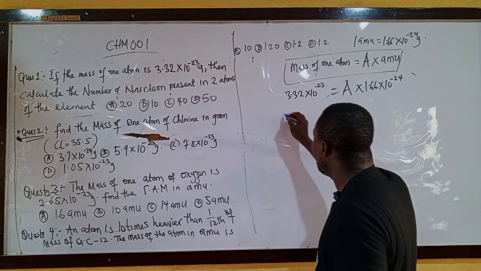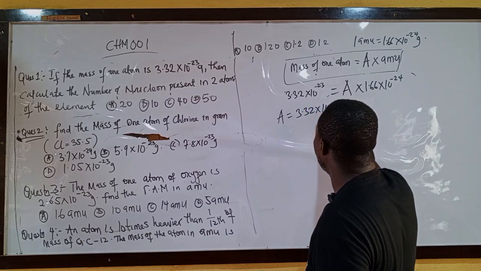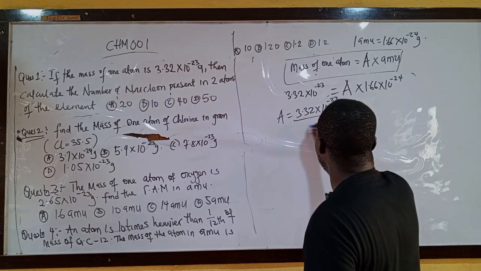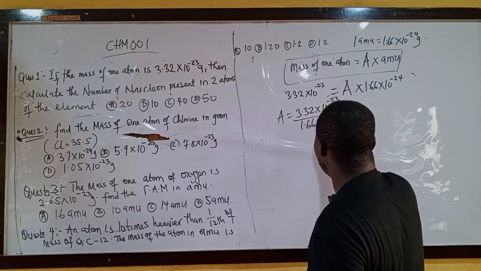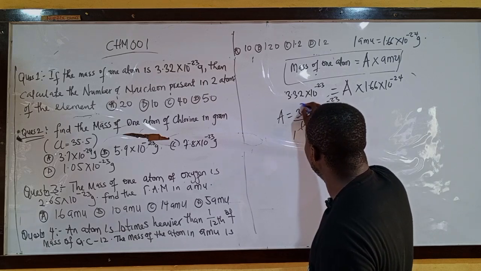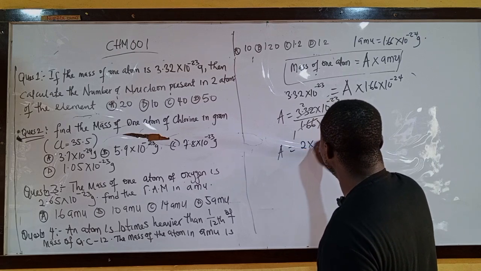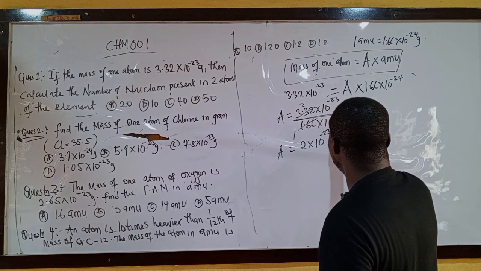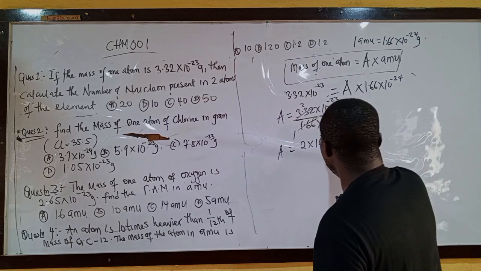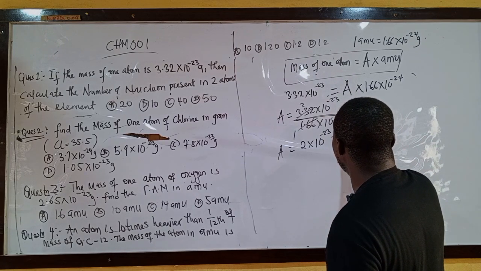Then find A. We have A equal to 3.32 times 10 raised to the power minus 23 over 1.66 times 10 raised to the power minus 24. This one is 1, this one is 2, so A equals 2 times 10 raised to the power minus 23 divided by 10 raised to the power minus 24.